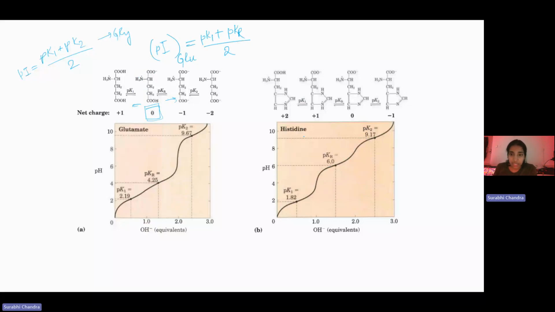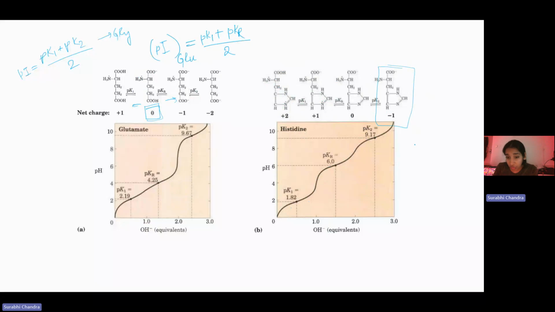Similarly, in case of histidine, it's the same case with gradual increase in the OH minus concentration. We have different charges on the overall amino acid. In this case, it will have the maximum charge of +2, and with increase in OH minus concentration, it will tend to take away the proton, and ultimately at the highest point, it will have a net charge of -1.